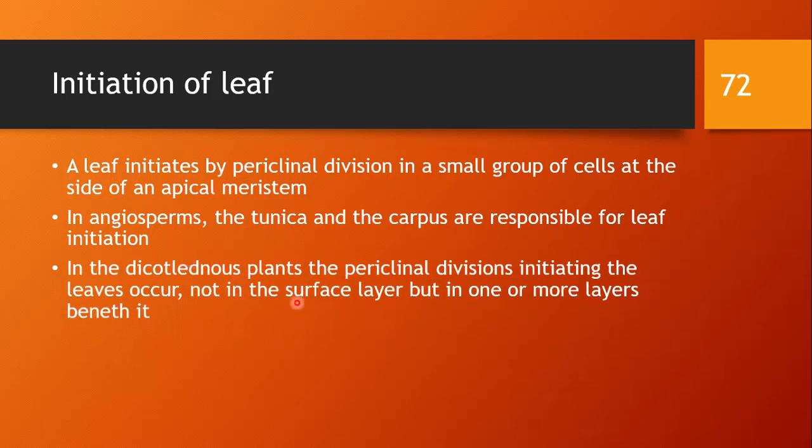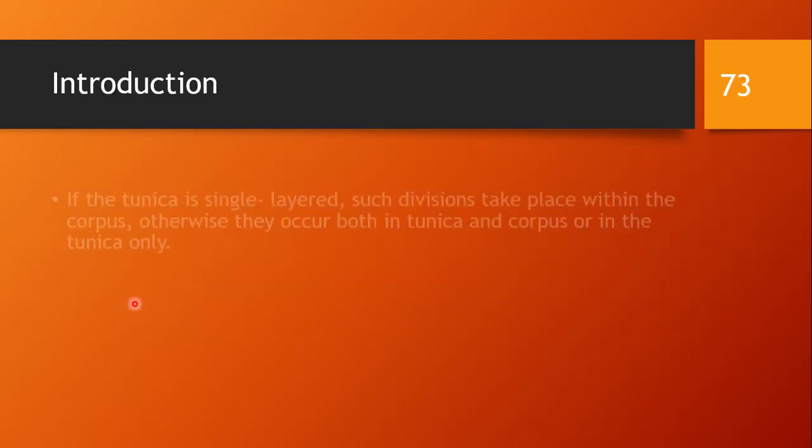In dicotyledonous plants, the periclinal division initiating the leaves occurs not in the surface layer but in one or more layers beneath it. Here we are talking about the tunica and the corpus. So in dicots the periclinal division is not in the surface layer but in one or more layers beneath it, so it takes place in the corpus region, not in the tunica.